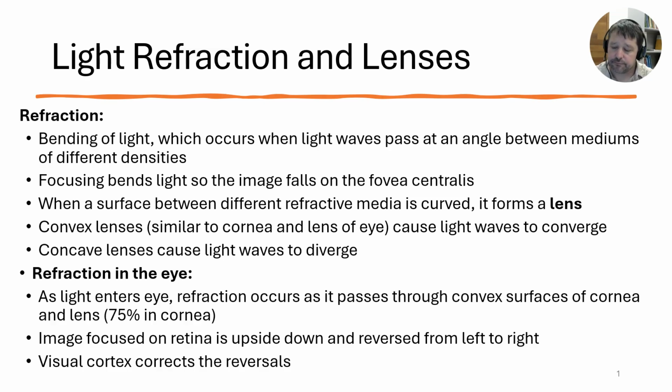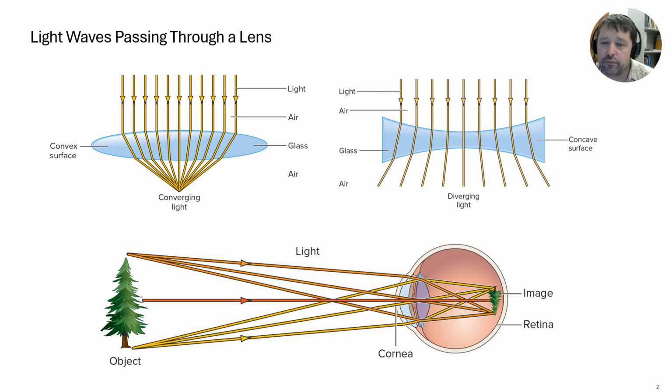All right, so what we're talking about is a convex surface, whether this is glass or a lens or whatever it might be, will take the light that's coming in. These are just photons that are traveling on wave patterns, okay? And it'll take it and converge it into a single region, okay?